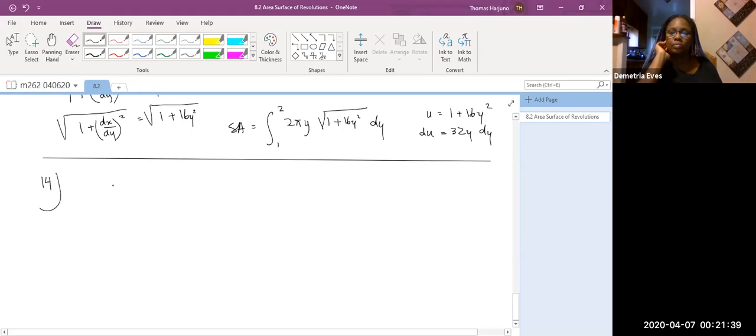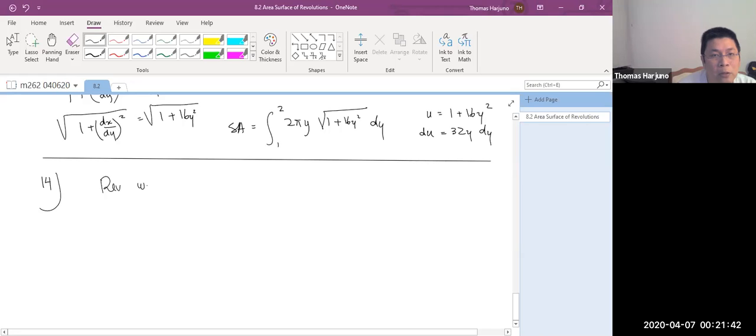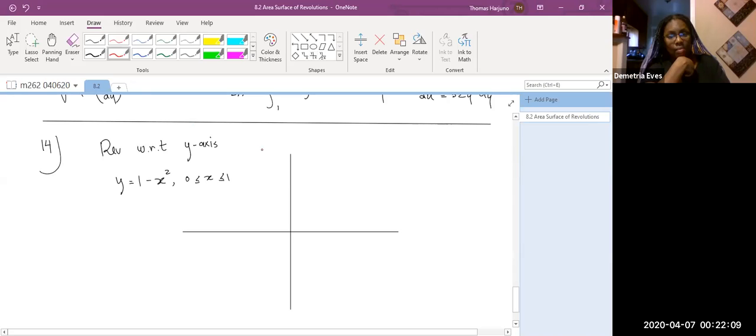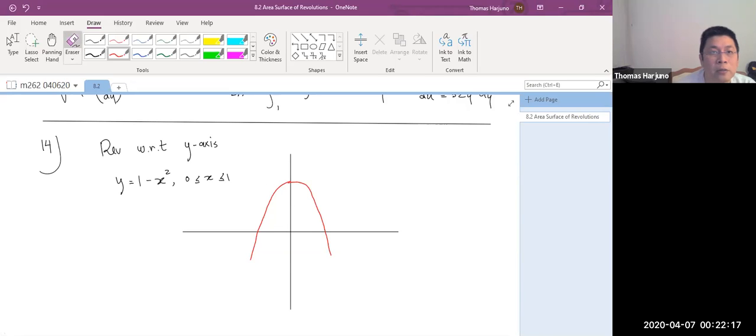Number 14, this time the revolution is with respect to y-axis. Number 14, y equals 1 minus x squared, where the x is from 0 to 1. Actually, I don't need the left hand side.